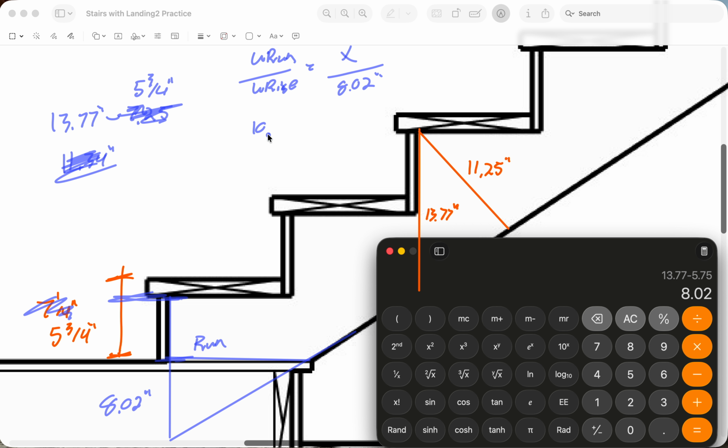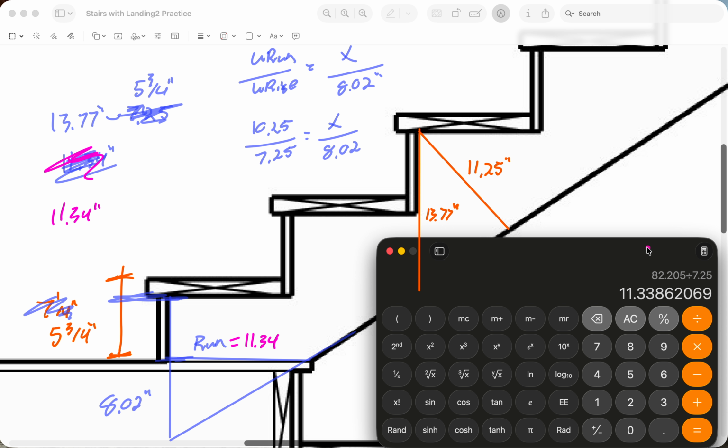So we'll have 10.25 over 7.25 times 8.02. Now, I'm all mixed up on my sheet, so I'm going to just do this live here. Times 10.25 divided by 7.25 equals. So we get 11. That's where my 11.34 came from. Okay, so 11.34 inches is the run here, total.